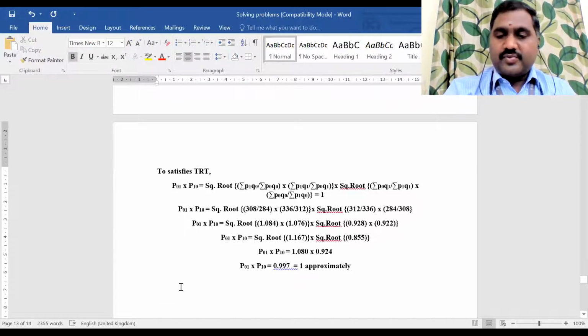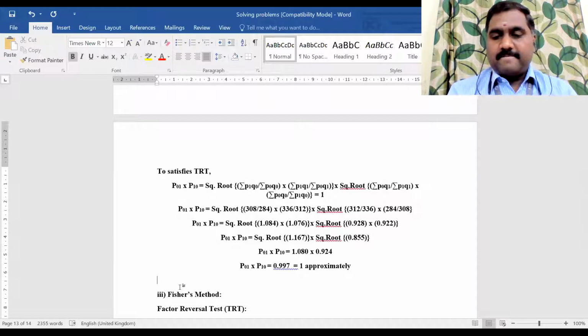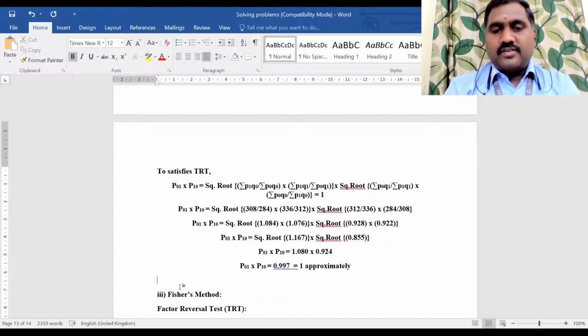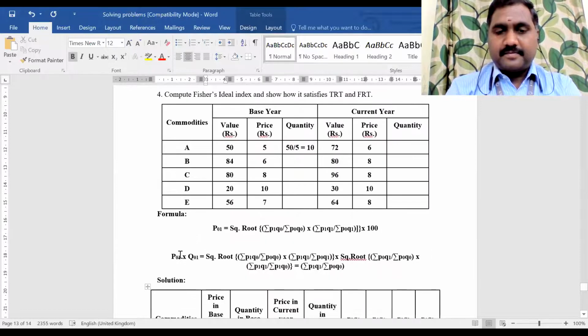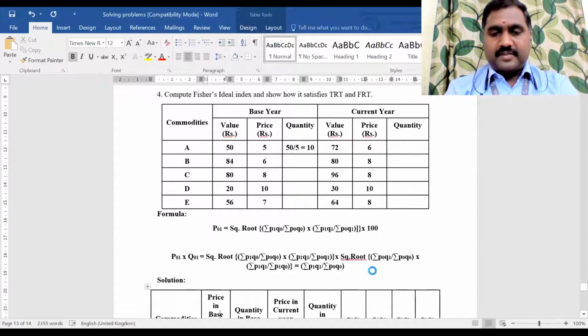So now the next one is what? We have to prove the factor reversal, right? So what is a factor reversal? I will copy that particular formula. And this is the factor reversal method.